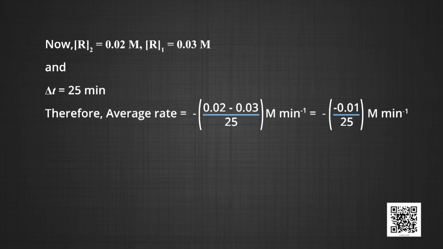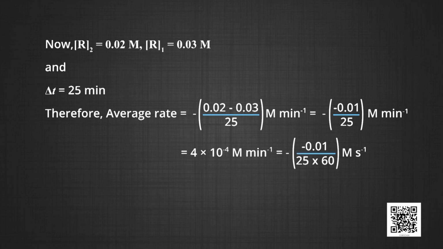Therefore, average rate is equal to minus 0.02 minus 0.03 divided by 25 molar per minute. It comes out to be minus 0.01 by 25 molar per minute. It is equal to 4 into 10 raised to power minus 4 molar per minute.